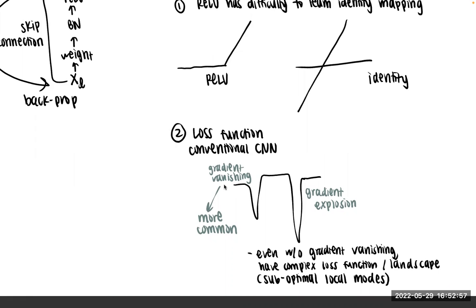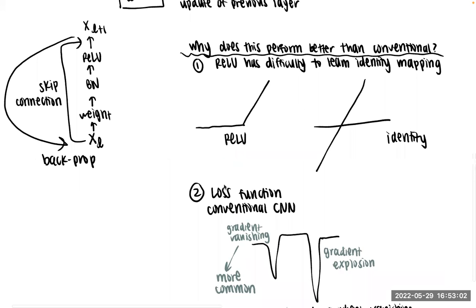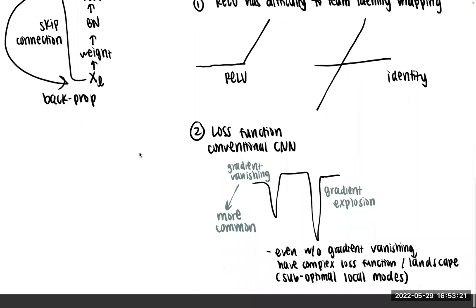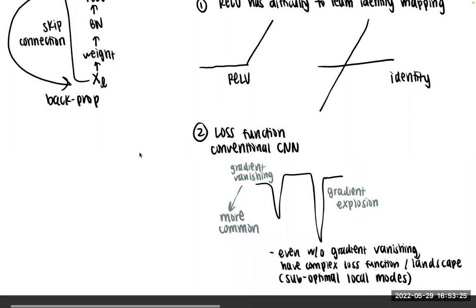Usually gradient vanishing is more common if you have multiple layers. So when you pass the gradient back in the backpropagation, if you pass the gradient along this route, then the gradient can quickly become 0. But because of this skip connection, you can pass a gradient also along this route, so that you pass this identity mapping. So that's the understanding.